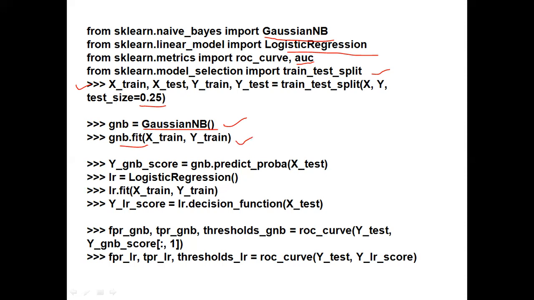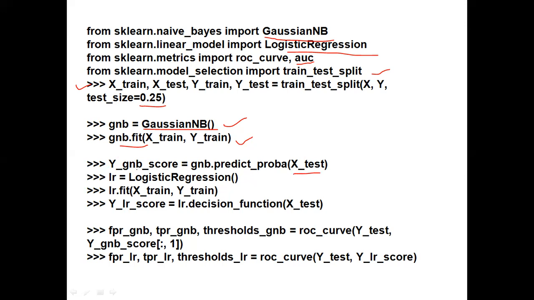The fit function will execute the Gaussian Naive Bayes classifier for this training data set. Then we can get the accuracy of this model using the score function. So gnb.predict_proba is the function equivalent to the score function, which will calculate the accuracy of your model for the given test data set.